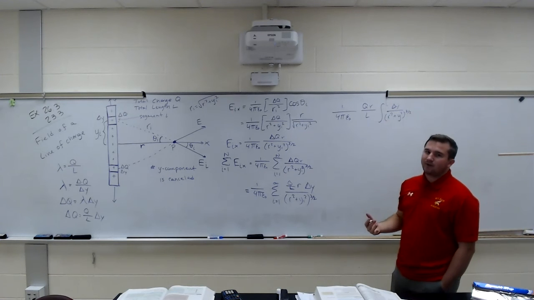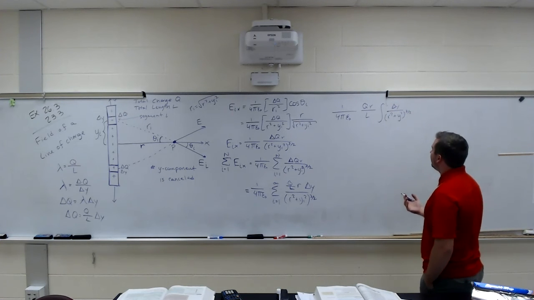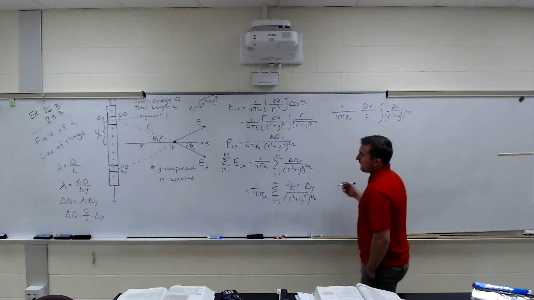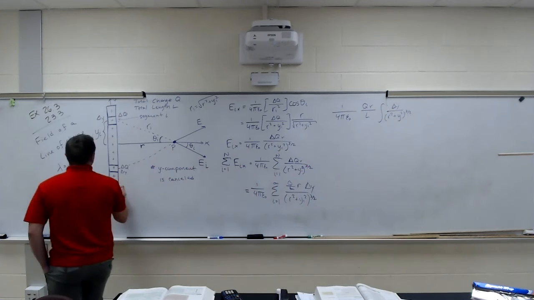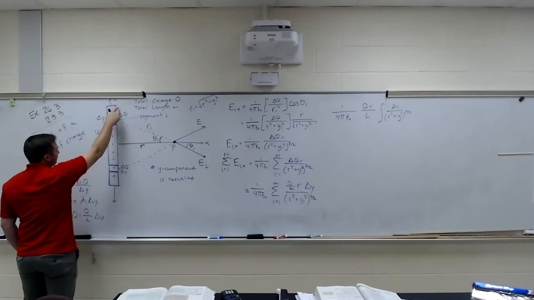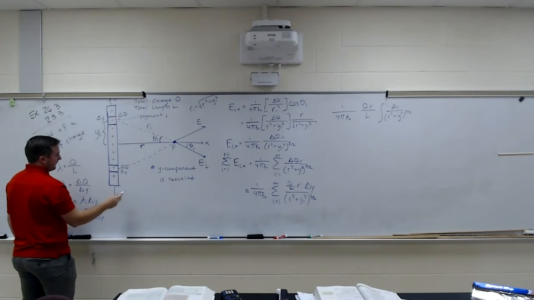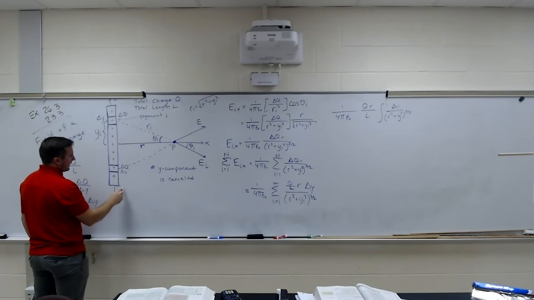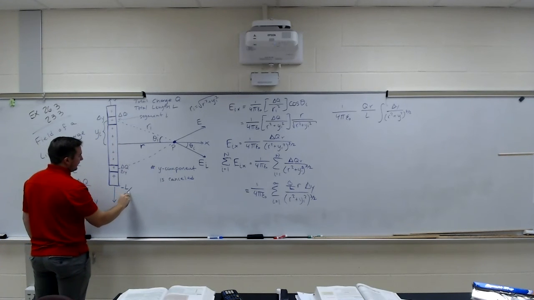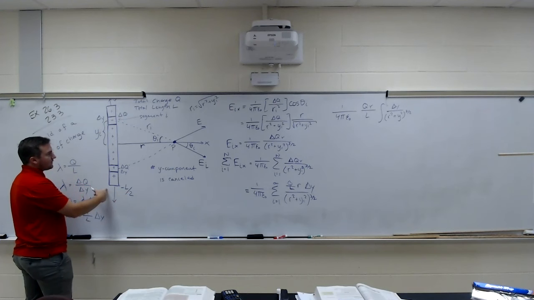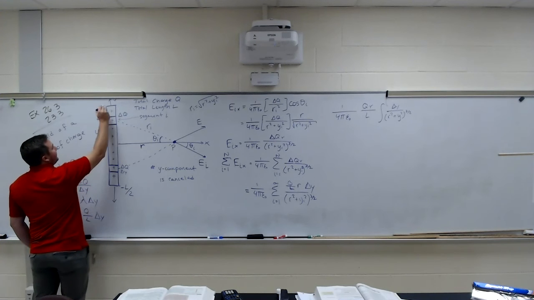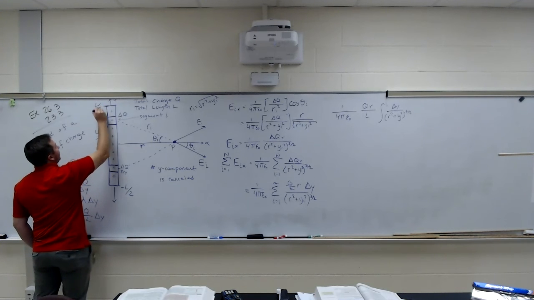And in this case, right, we have actual values that we can integrate over. We don't need an indefinite integral. We can take a definite integral. And we want the values to go from our low point here to our high point here. Our low point, because we split the rod in half, or the line of charge in half, is going to be negative L over 2, right? That would be the lowest that our y value could be. Up here, it's going to be positive L over 2.